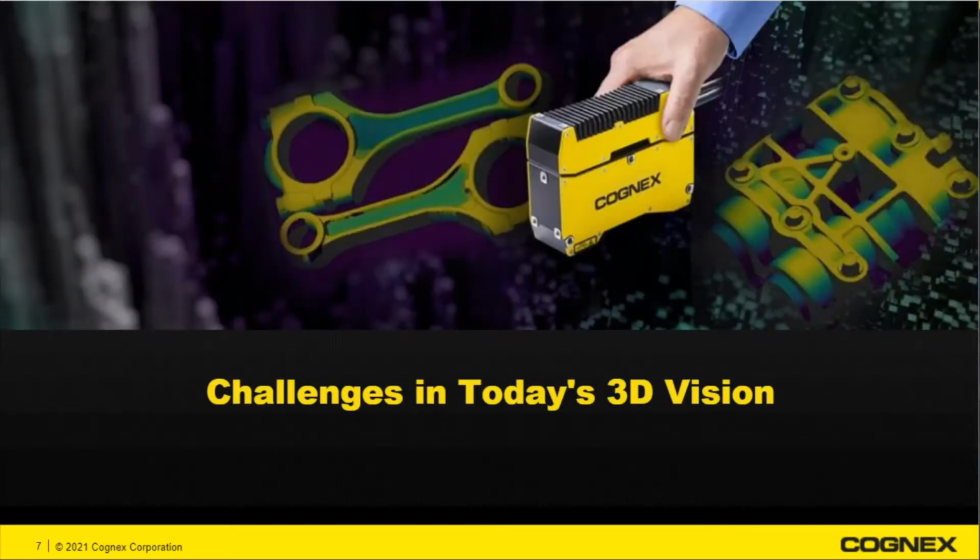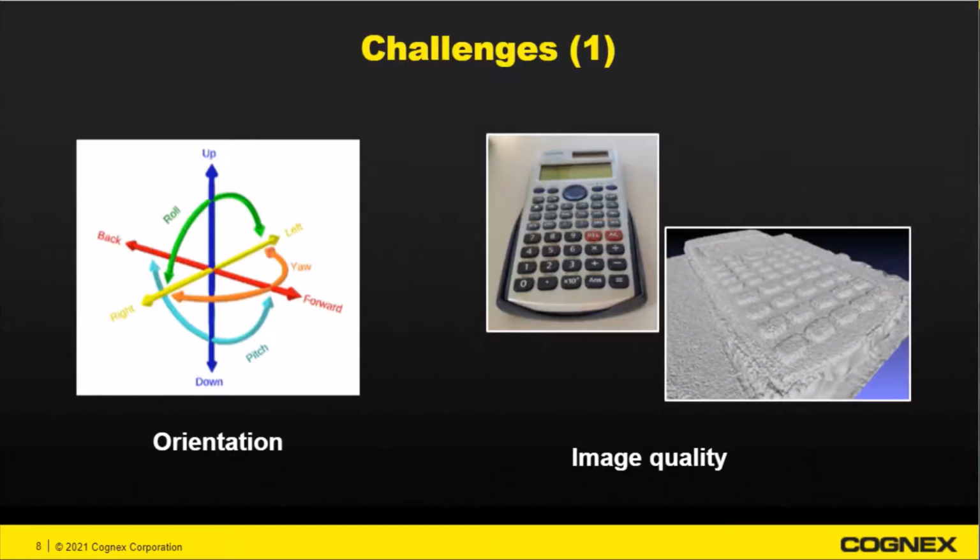So then, what are the challenges in today's 3D vision? Basically, we would have to think about how orientation is handled in the system. Is it easy to use, or would you have to calculate Euler angles and transformation matrices by yourself? Then the image quality, of course.